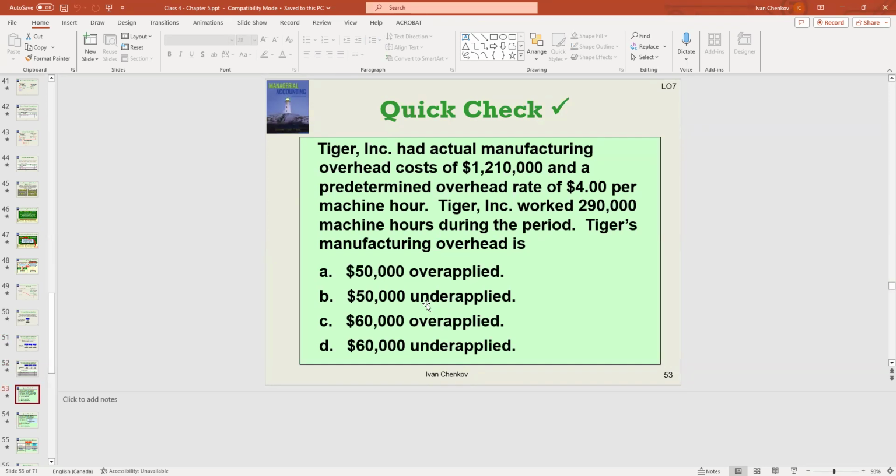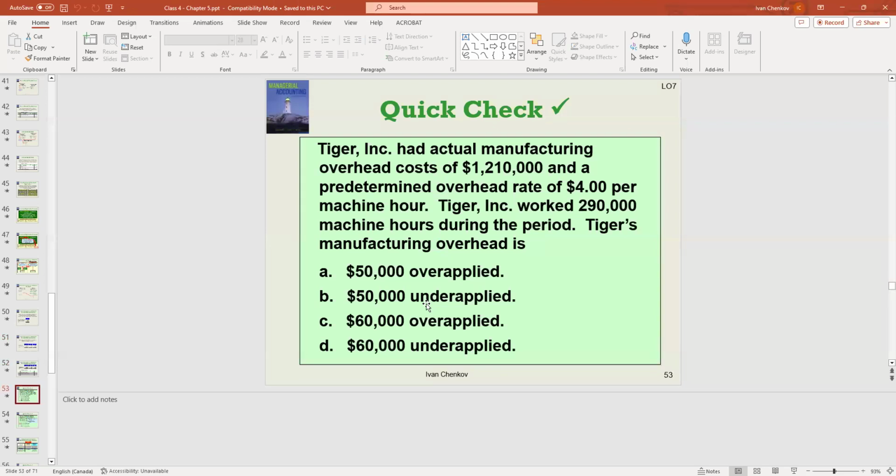On the other side, how they're applying the overhead, they're using a predetermined overhead rate of $4, and their allocation base is machine hours. So the machines actually worked 290,000 hours. How much is the overhead that they applied?